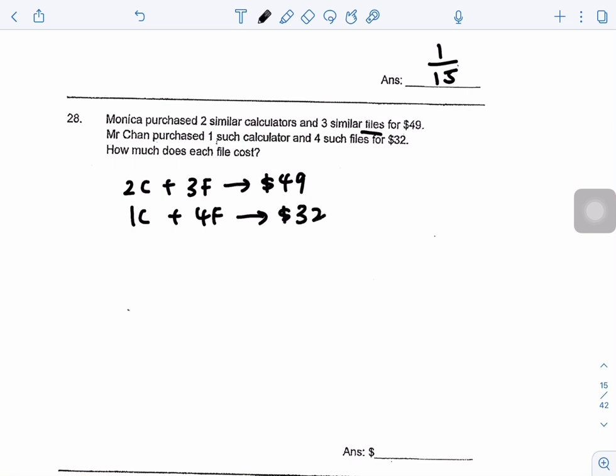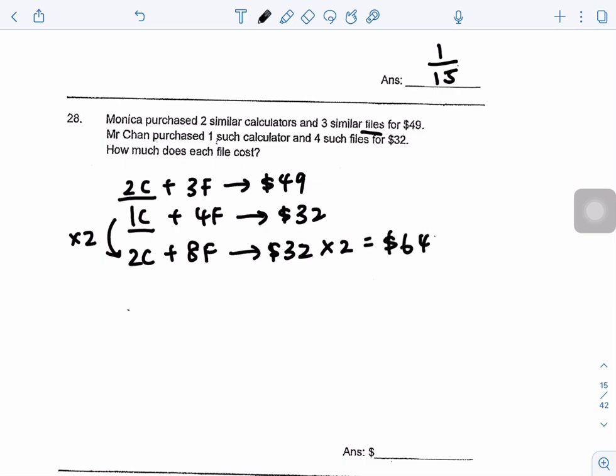Now we want to make one of the items the same. It's going to be easier to make the calculators the same. So this entire thing I'm going to multiply by 2. 2 calculators and 8 files will cost me $32 times 2. And that's 64. Now why is this 64 and this is 49? Because how many more files? 8 minus 3, 5 more files.